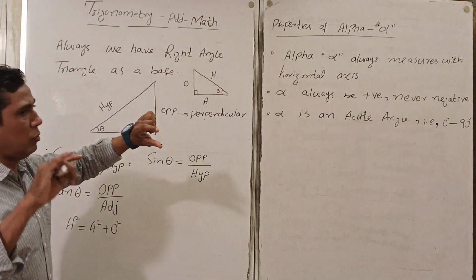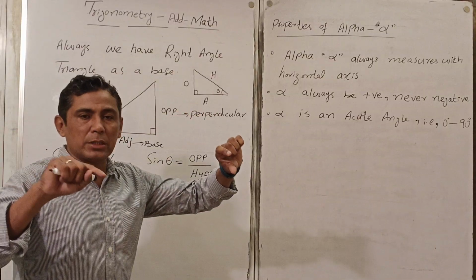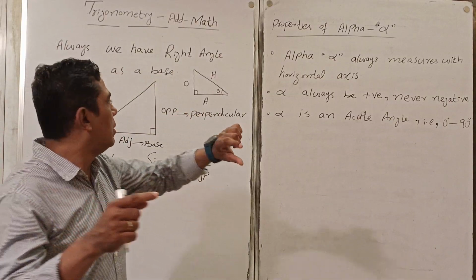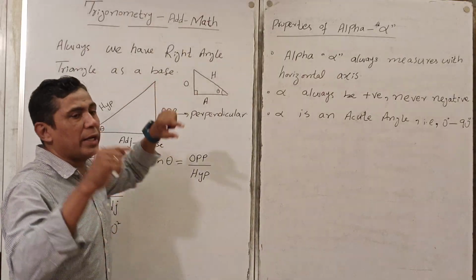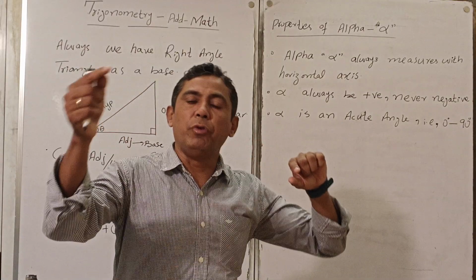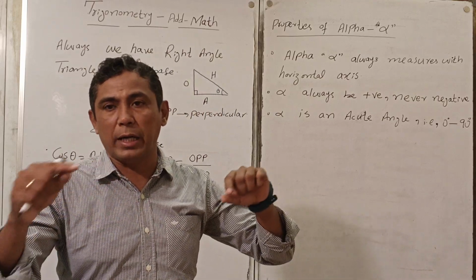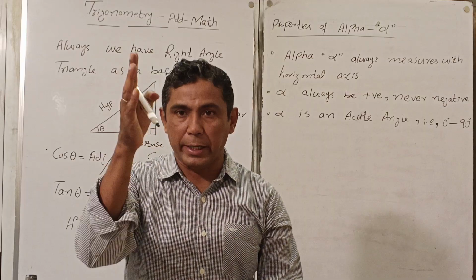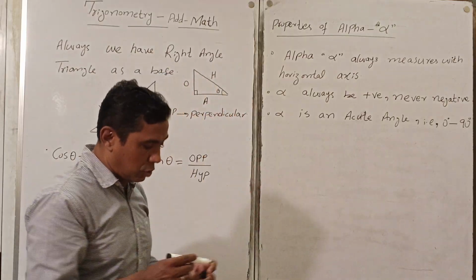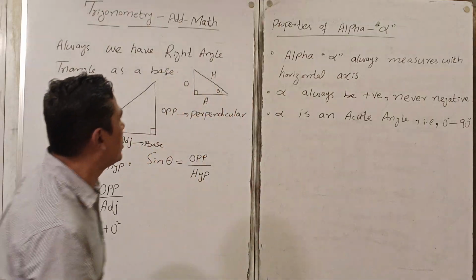The sign, either positive or negative, meaning the sign of sin theta, where it will be positive, where cos theta will be positive or negative, you need to know about this with respect to the four quadrants. So now first of all you have to be clear about this.